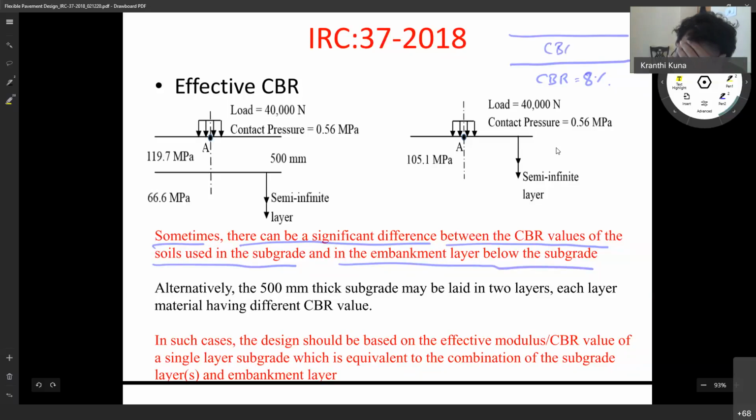So as I was saying, we should not be modeling these separately. It is not that we cannot, we obviously can, but as per IRC 37-2000 you have to model these two as a single layer.